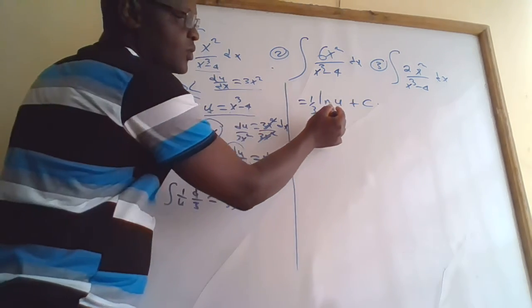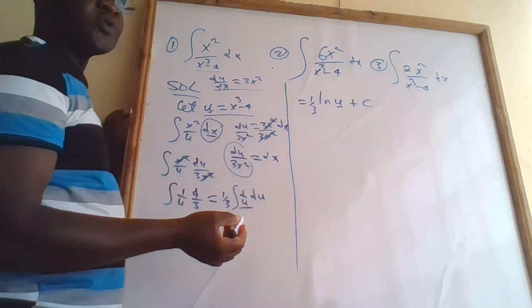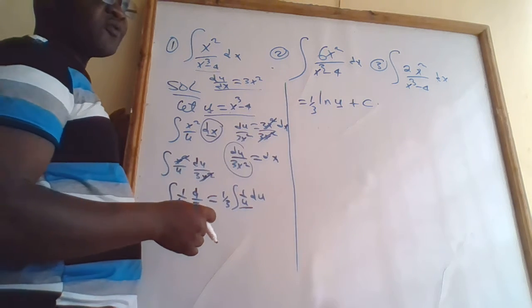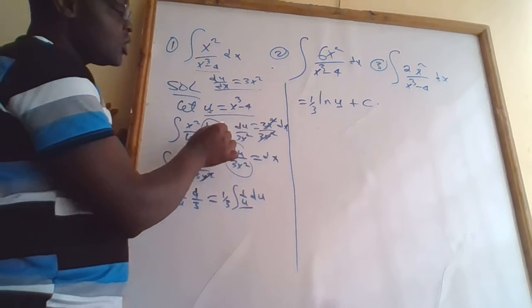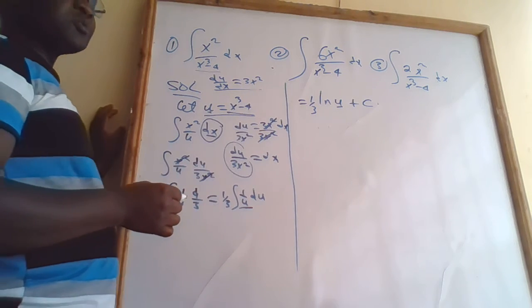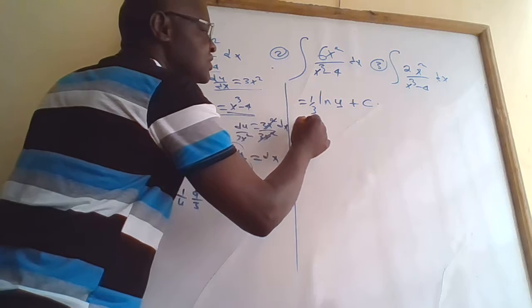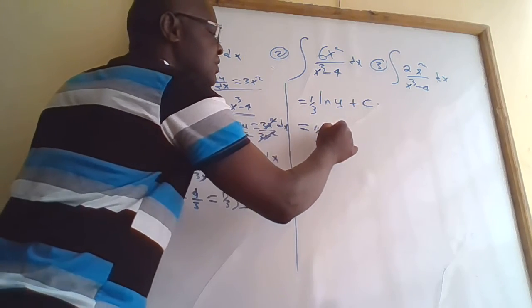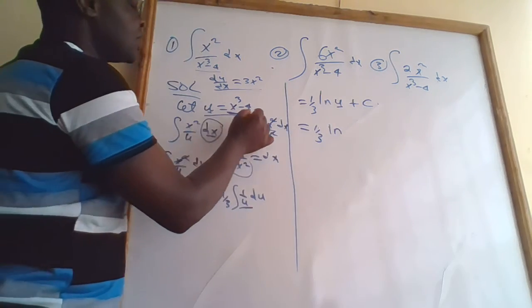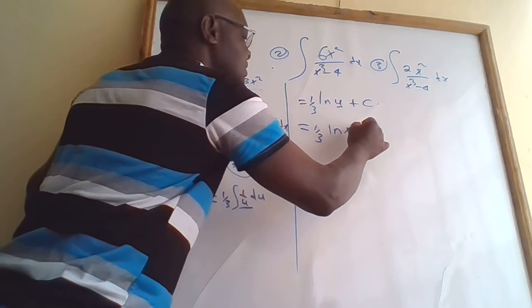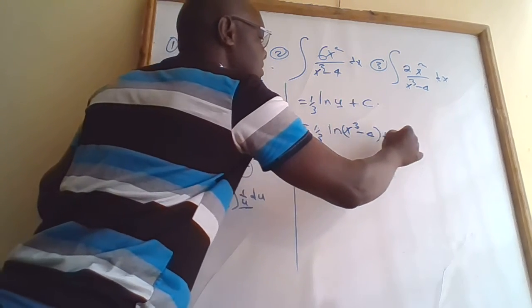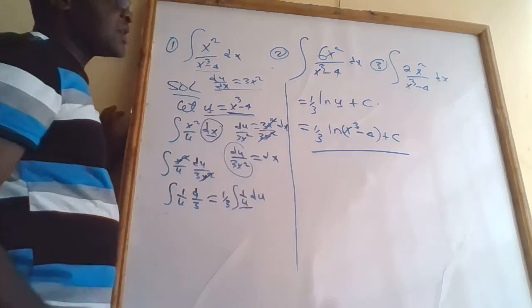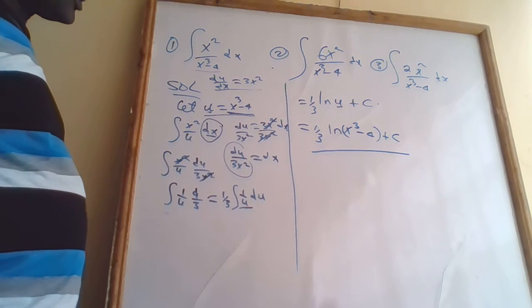But remember, in our equation, we didn't have u, we just introduced u for the convenience of working. So we go back and substitute where there is u, we substitute with x cubed minus 4. Therefore, this equals 1 over 3 ln of x cubed minus 4, then plus a constant of integration.